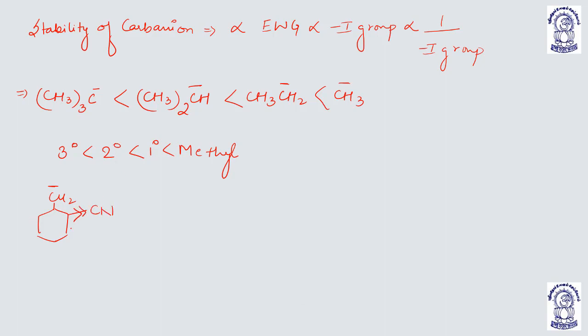The CN will attract the electrons, and it will absorb the extra electron density over this carbon, making it more stable. This carbon is showing its own resonance, and as you know, resonance is a more dominating effect than the inductive effect.